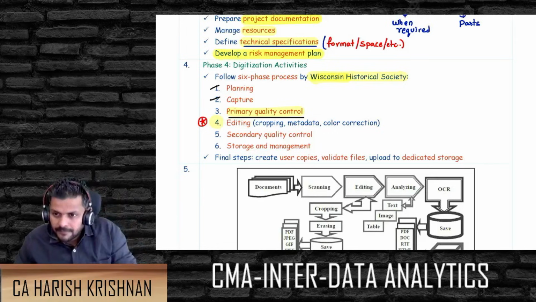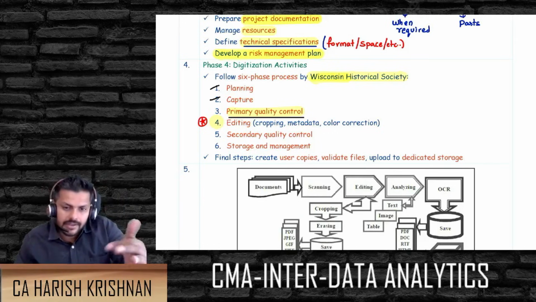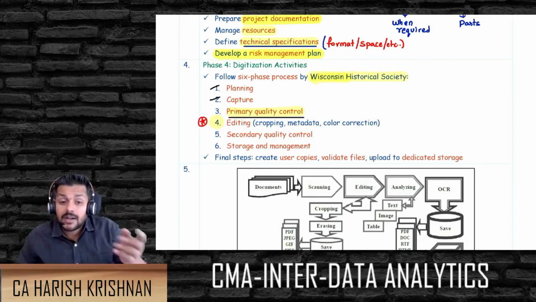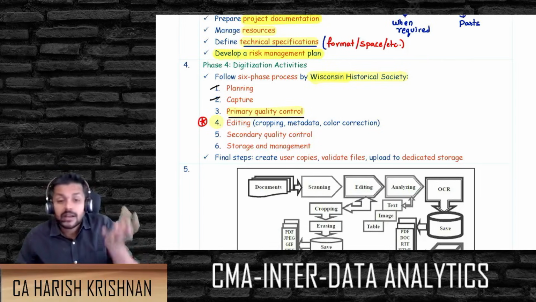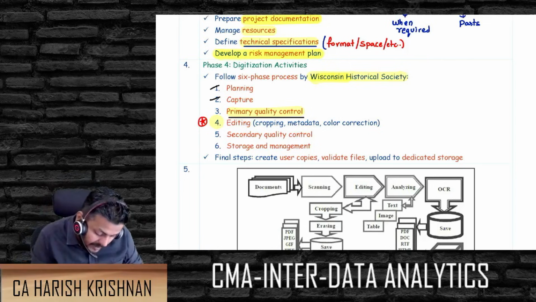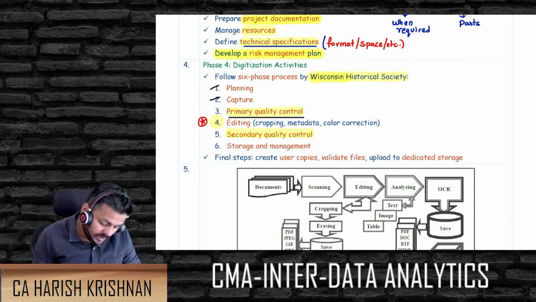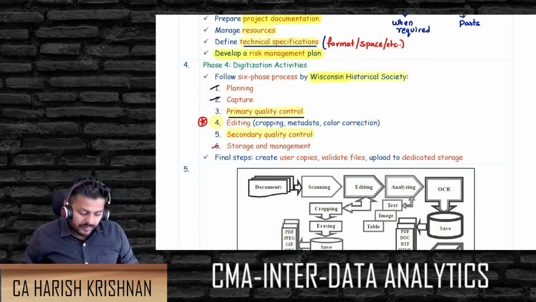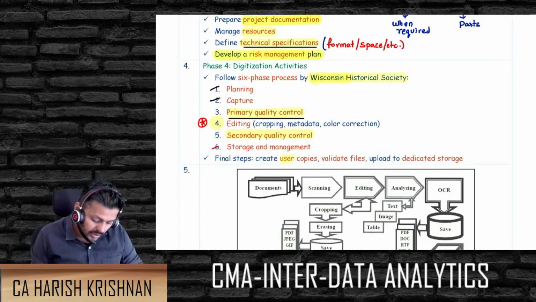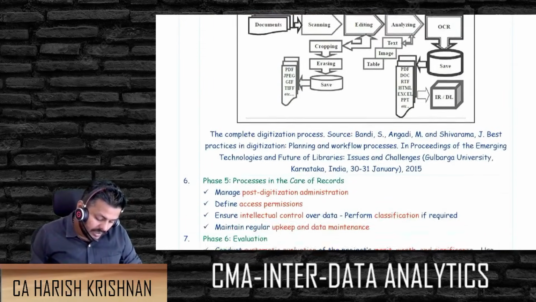Photo editing, cropping the photo, color correction, metadata means data about the data. That is when the data was created, what is the name of the file, all those. Cropping, metadata, color correction. One more round of quality control, and then comes storage and management. Final step, create the final user copy, validate those files, and upload to a dedicated storage.